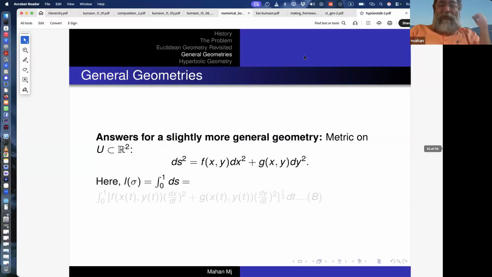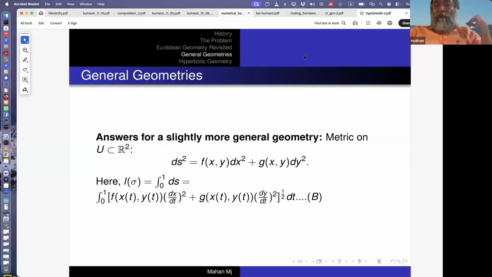And then you have the modified package which assigns new lengths. It's the integral from 0 to 1 of ds, and with the same parameterization, the square root of f of x(t), y(t) times (dx/dt) square, plus g of x(t), y(t) times (dy/dt) square, dt. And then you integrate that out.